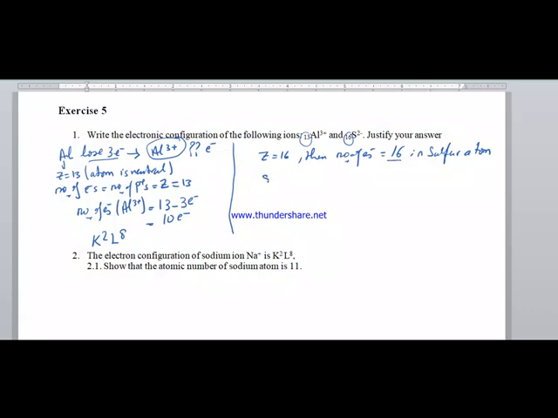Since sulfur changes into the sulfide ion, it means that sulfur gains 2 electrons to become an anion. Since it gained electrons, the number of electrons in the sulfide ion is equal to 16 plus 2, equal to 18 electrons. To distribute these 18 electrons, we write K2, L8, and M8. The sum is 18 electrons.